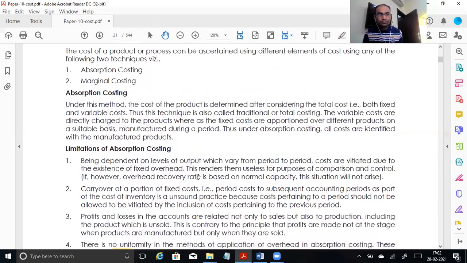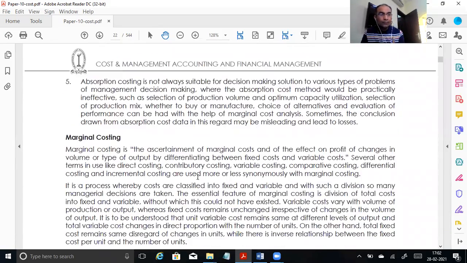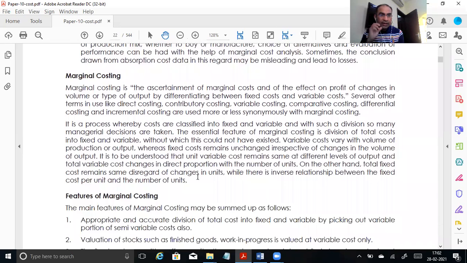Okay. So now moving further, marginal costing. They say the marginal costing is the ascertainment of marginal cost and the effect on profit of changes in volume of type of output by differentiating between fixed cost and variable cost. So there we make a difference between marginal cost and fixed cost, right?